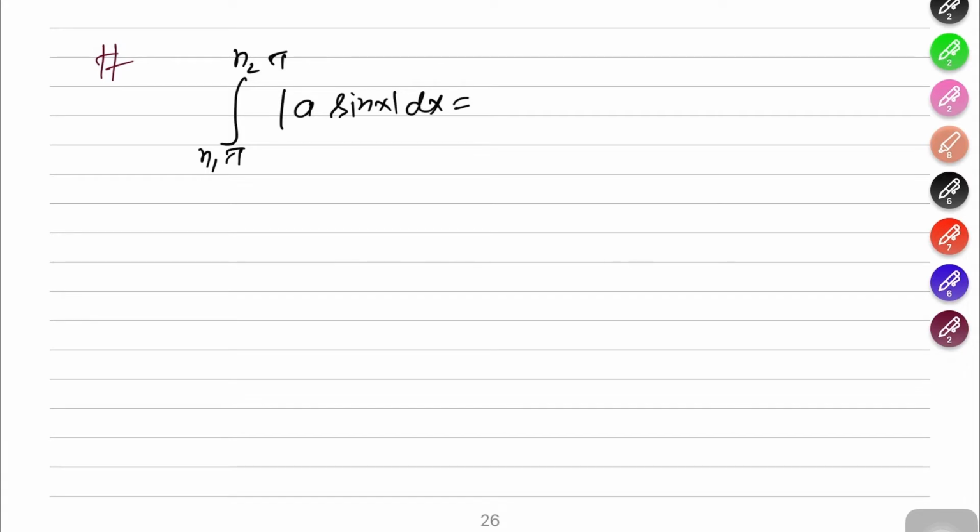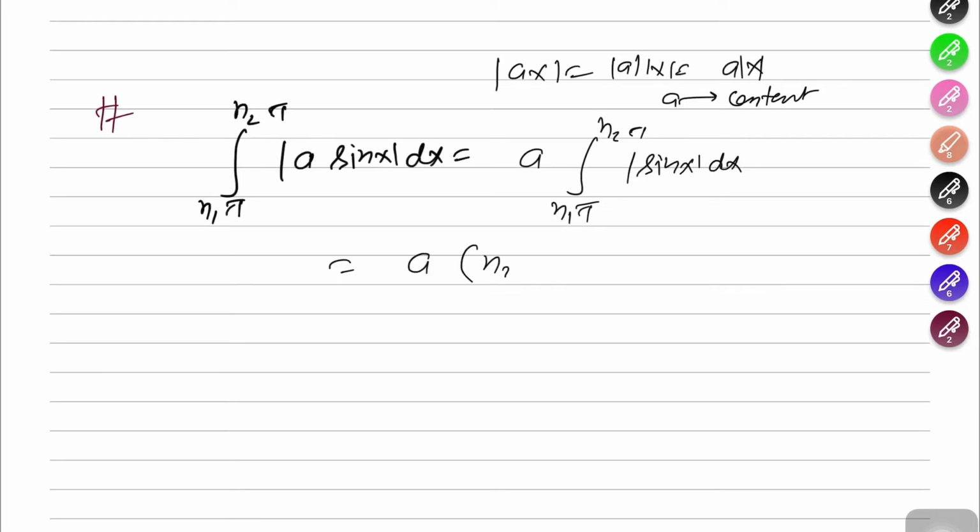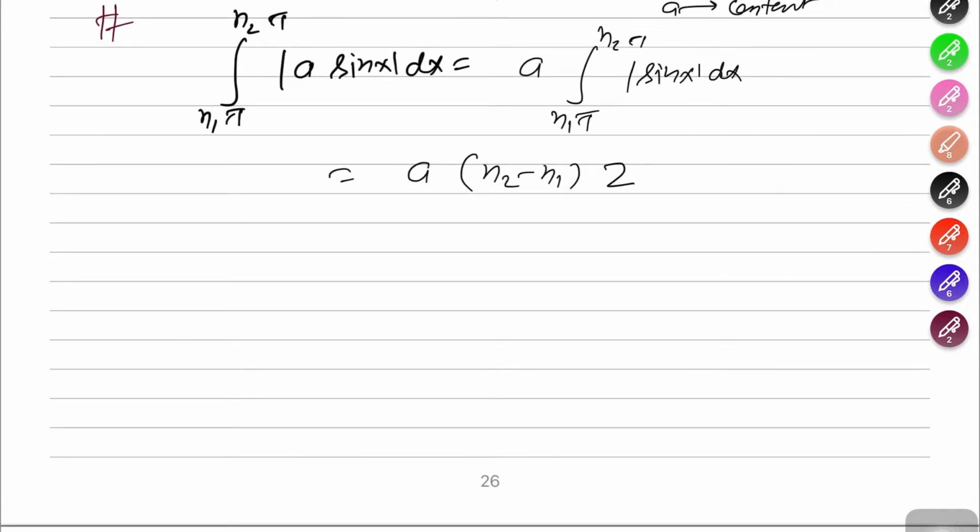This is a simple property of a modulus: if a is any constant, mod of a times x is mod a times mod x. So we can write a outside, and the integral from n1 pi to n2 pi of mod sin x dx is nothing but a times (n2 minus n1) into 2.